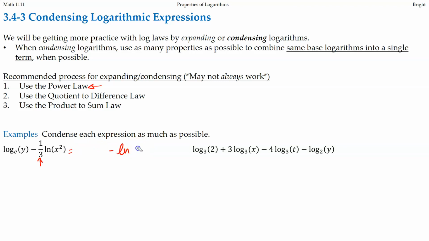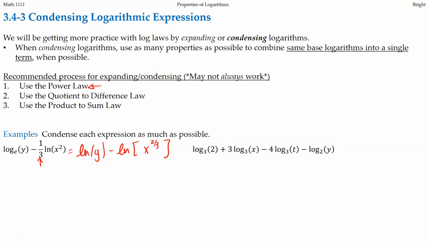So we'd have x squared inside, and then the 1/3 exponent. You can simplify that in a minute, I'm just illustrating this for now. And log base e, oh wait, that's the same as natural log. If you wanted to simplify this, you sure could: x to the 2/3, because when you have exponents on exponents, you multiply them.